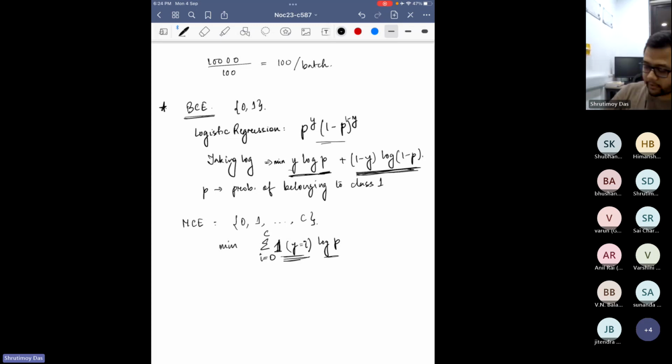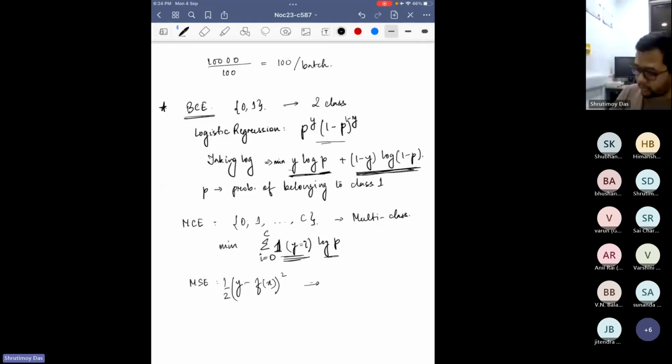So basically, you don't need to know the details. This is applied for two-class problems, and this is applied for multi-class classification problems. And your mean squared error is given as half of (y minus f of x) whole squared.